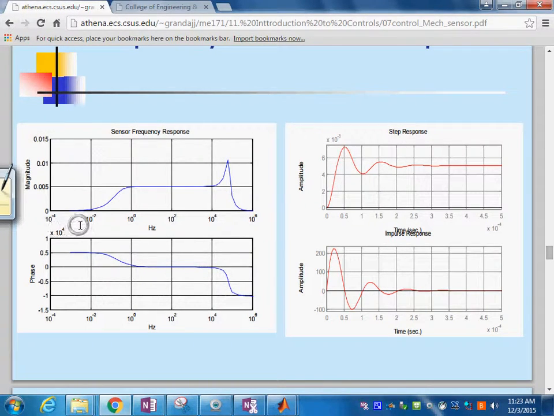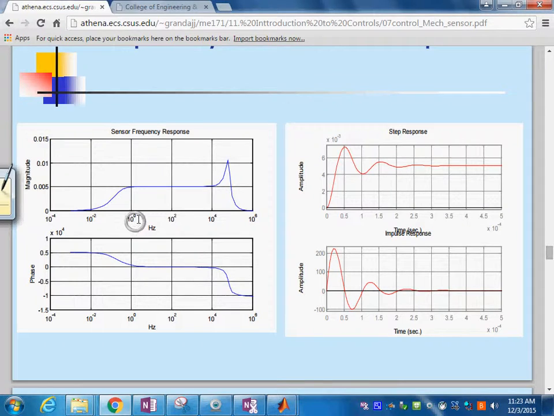You see at 1 hertz the input and the output are the same. When it hits a little bit after 10,000 hertz, the amplitude goes up and then comes down.